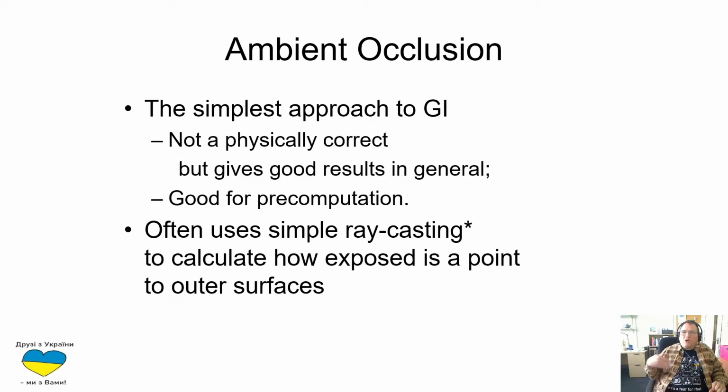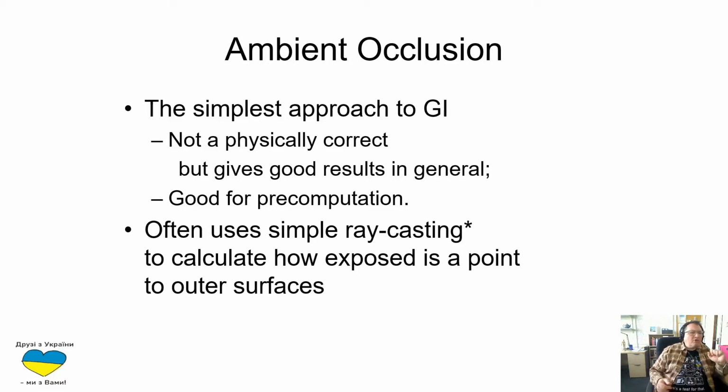So if you pre-compute this ambient occlusion, often using the simple ray casting method to calculate how exposed a point is to outer surfaces. Ambient occlusion will not calculate the colored shades like in the previous illustration, but it will find out the parts of the scene which are typically in deeper shadows because they are in the corners or something like that.